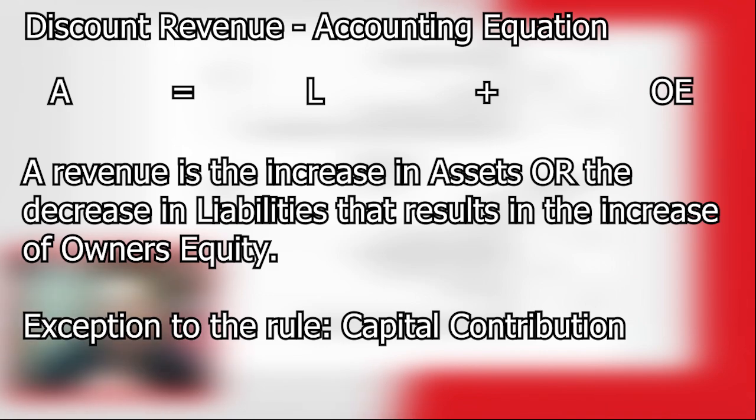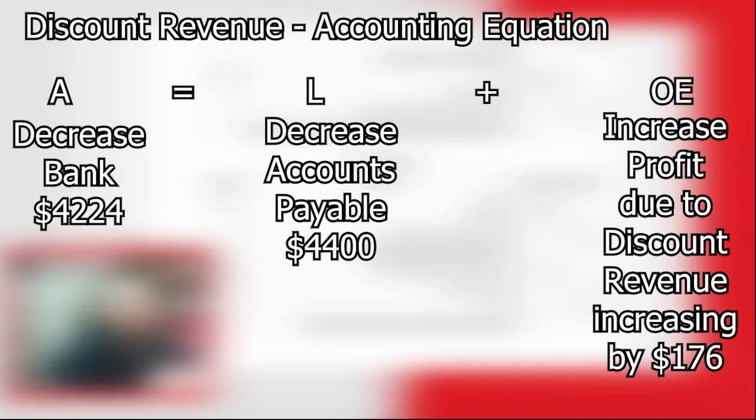So the liabilities have decreased and a net increase in owner's equity, which has also occurred. Ergo, this is a revenue, that definition holds up. You love to see it. So that's where that fits in.